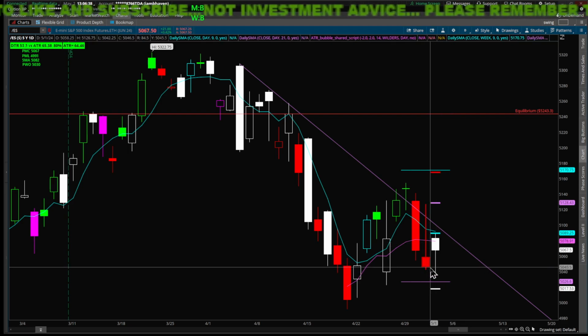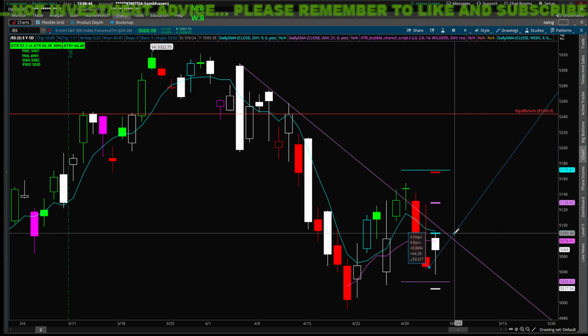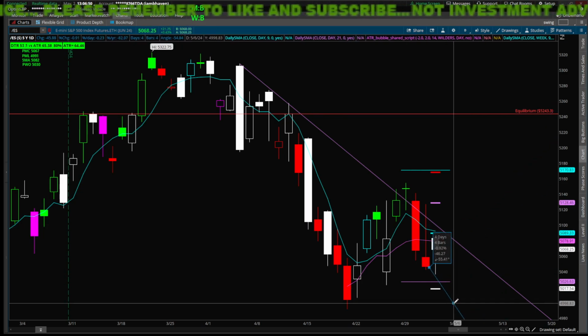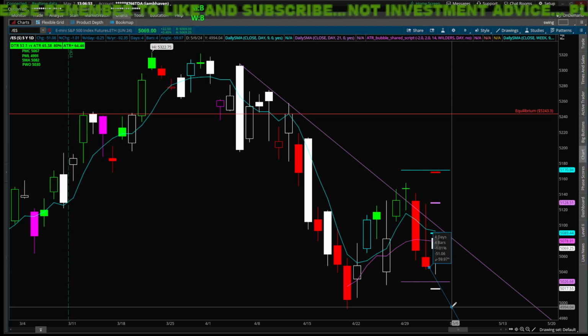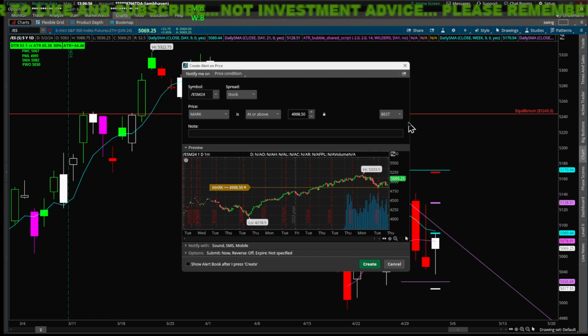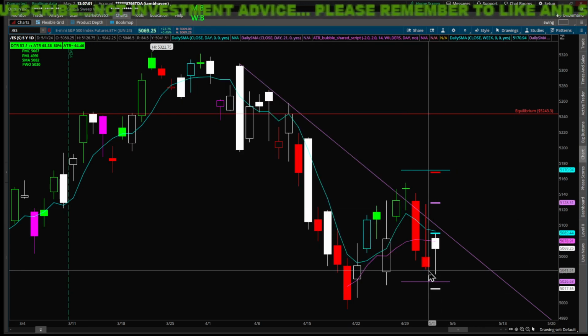Typically from the close of yesterday, you can take the close and measure 1% up, which would be about 5,100, and about 1% down, which is about 5,000. So you've got 5,100 and 5,000 from yesterday's close.